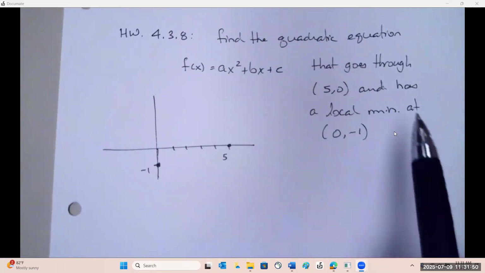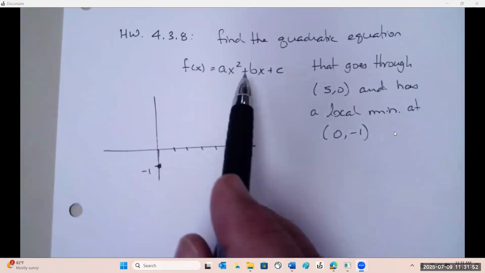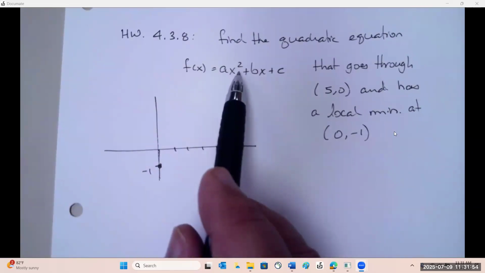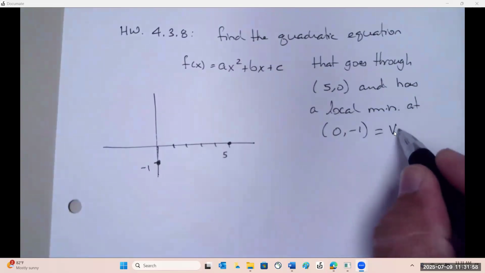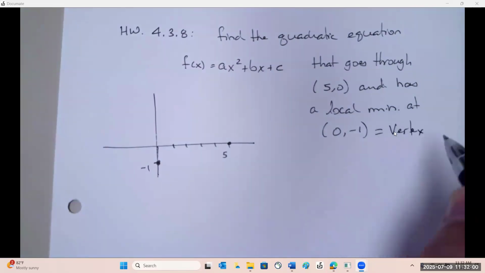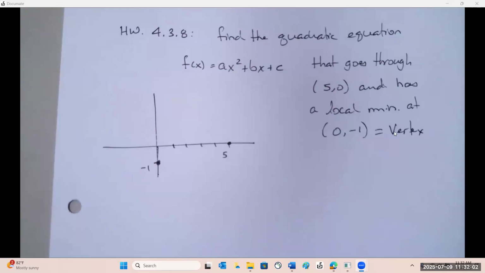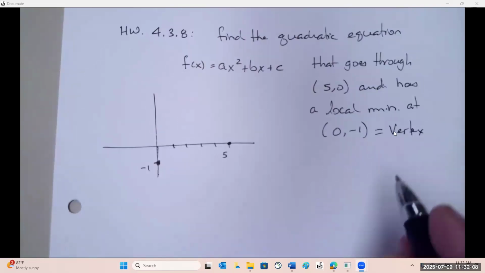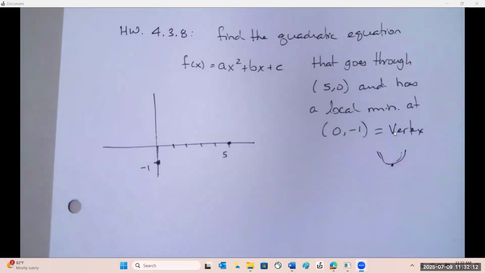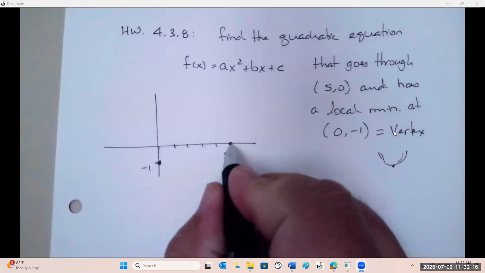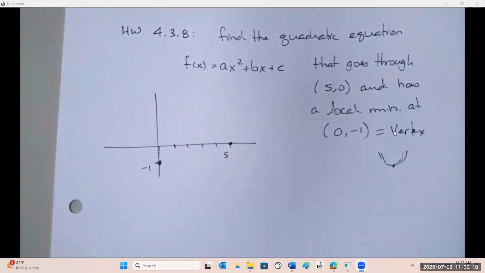If it has a local minimum at this one, it's a quadratic equation. That means the local minimum is also the vertex. Does the graph open up or down? It opens up, because if it's a minimum, it has to be the lowest point. And we have an x-intercept at 5, 0.